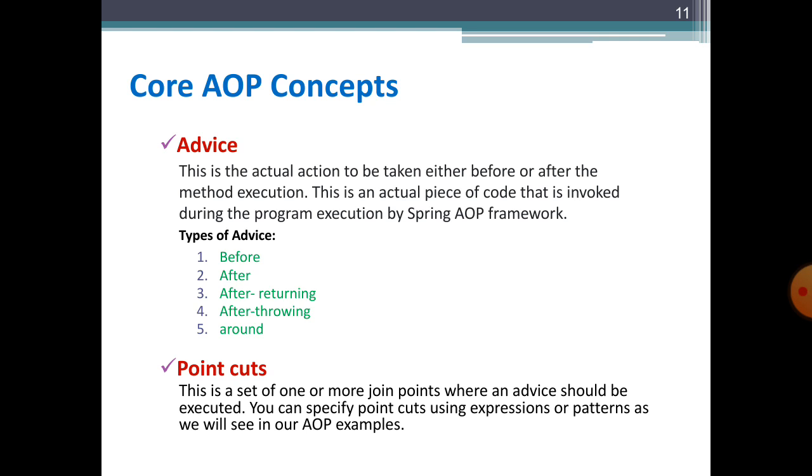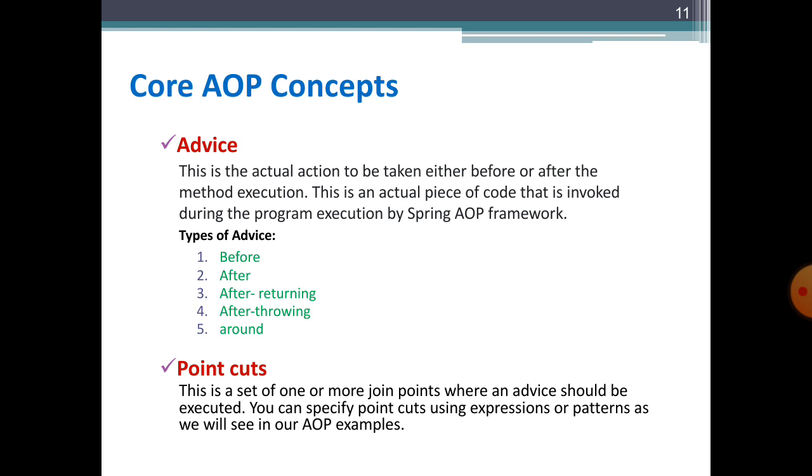The last point is about pointcuts. Students, what is a pointcut? A pointcut is basically a combination of different join points where advice needs to be applied. We can also say it is a set of one or more join points where the advice should be executed.